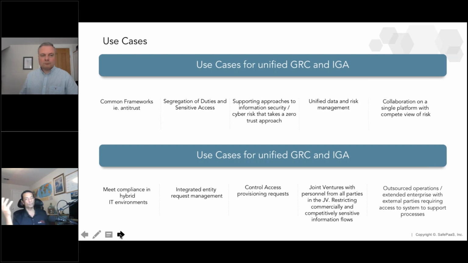So by unifying the two platforms, you can really integrate the controls framework that you have built in your GRC software with the access controls policies that are actively monitoring your user activities in this digital platform on which your business runs today, right? So that's kind of the big one that I'm close to.